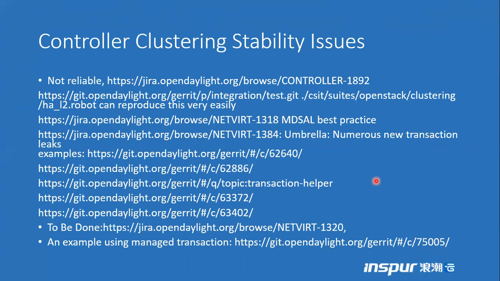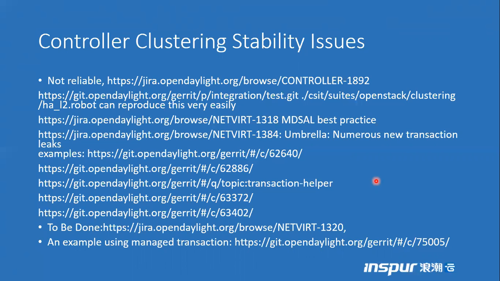For scalability, Red Hat guys also run many test cases in their lab. They have filed many issues in OpenDaylight Jira. So far, I can see some issues are fixed, but there are still many issues there. Another issue is Red Hat guys proposed using the managed transaction API.